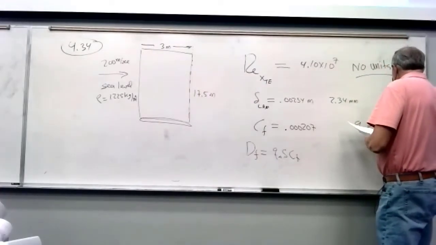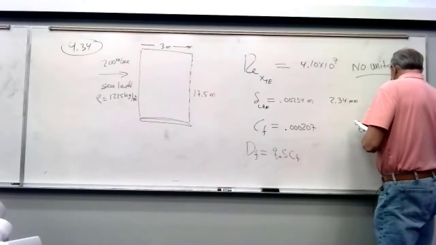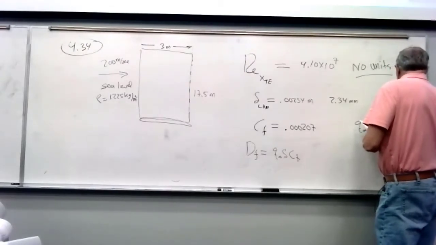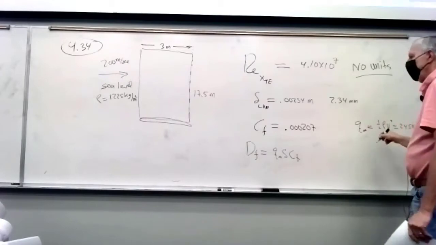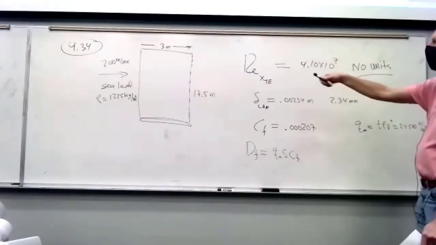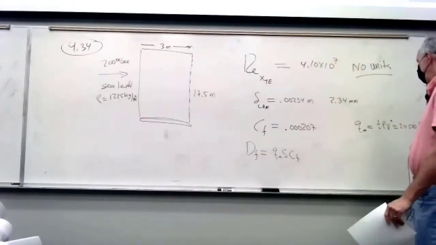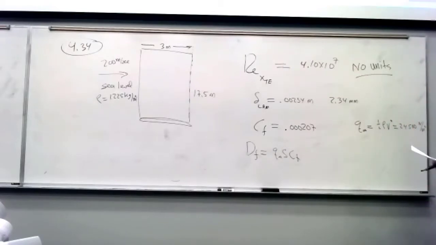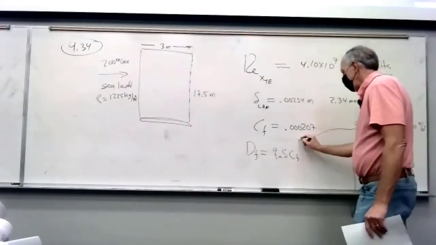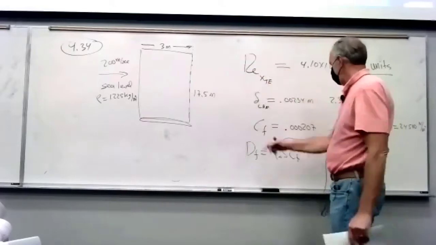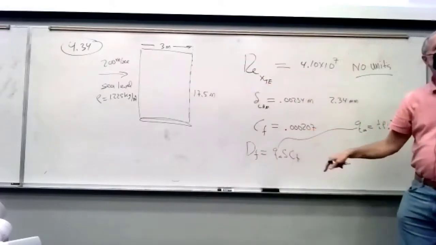You should have gotten 24,500 for that. Use the density, 1/2, and then the velocity of 200. Then you stick that in down here, multiply by the area, which is easy to calculate, and then CF, which is this number, and you get the total drag.